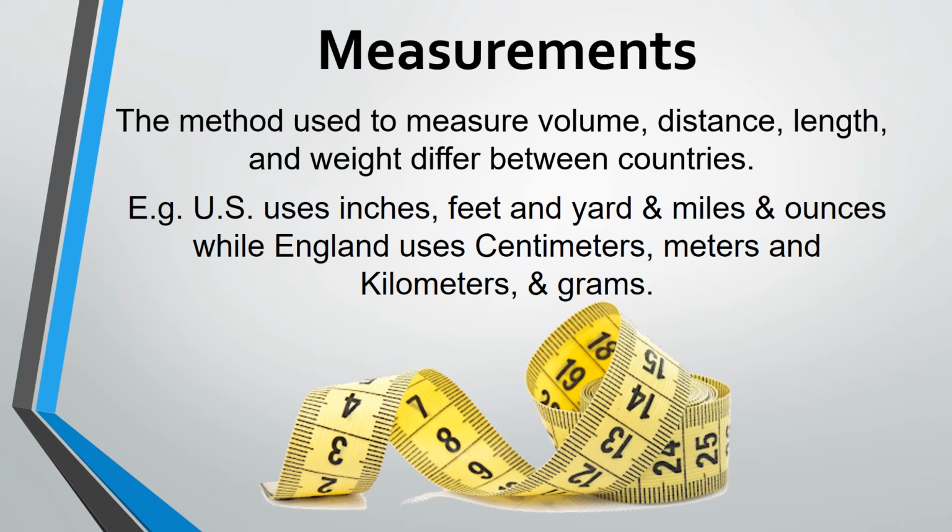If you look at the tag of some of your clothing, you would see it's a US size versus a UK size because the sizes run a bit differently. And this makes engaging in international trade a little bit difficult.